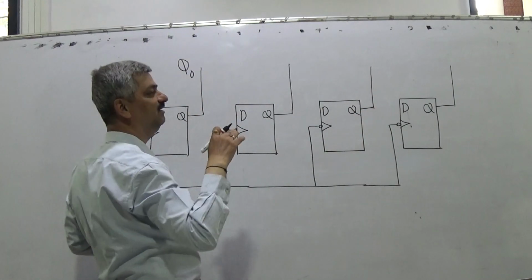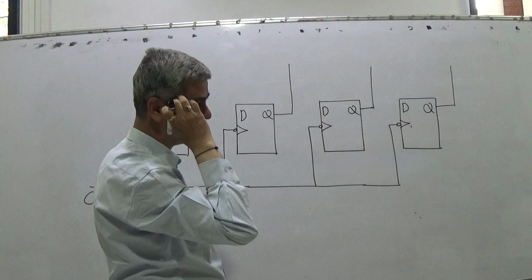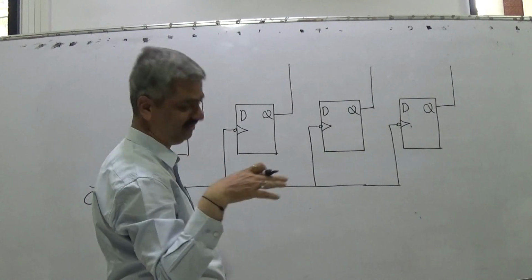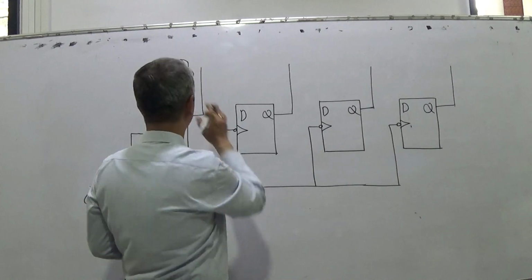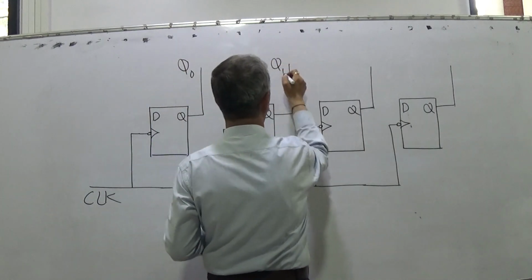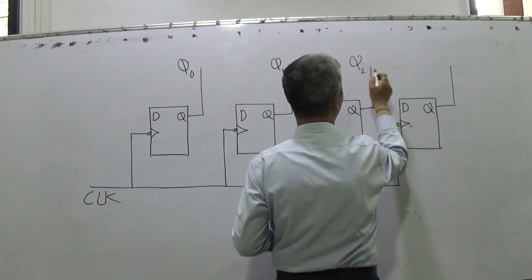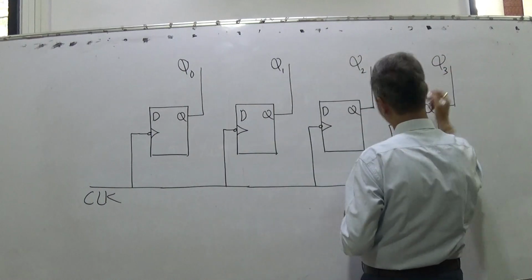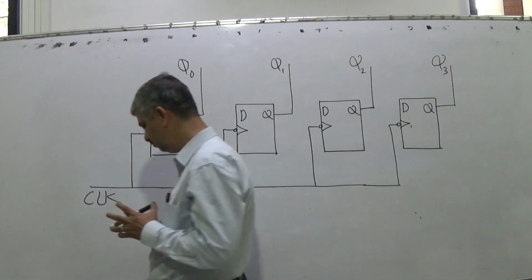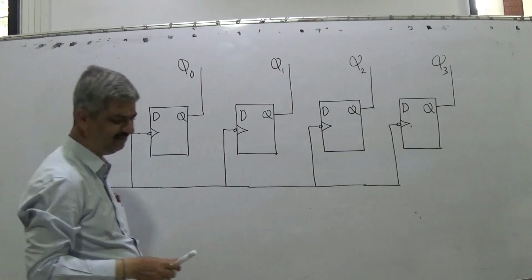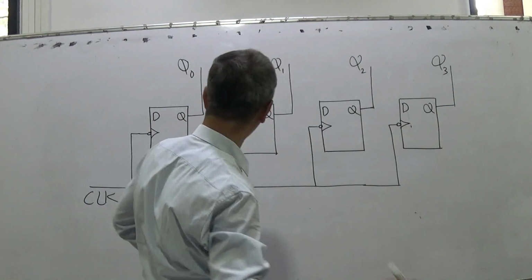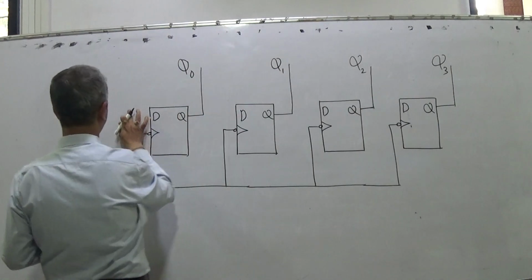In fact, for shift register there is nothing like LSB, MSB, but if it requires some kind of arithmetic operation, then this will be meaningful. So Q0, Q1, Q2, Q3, or you can give A, B, C, D also. There are many conventions. These are the outputs. And what are the inputs?